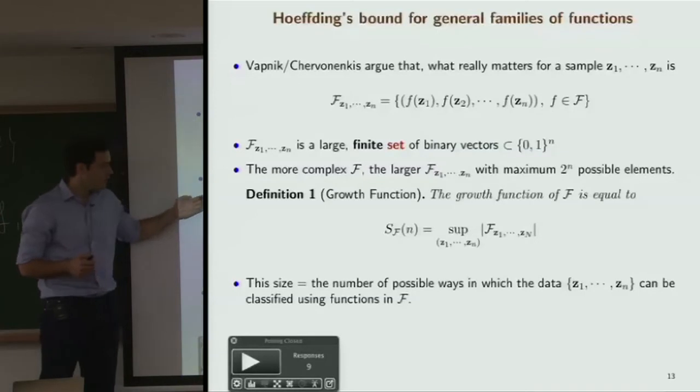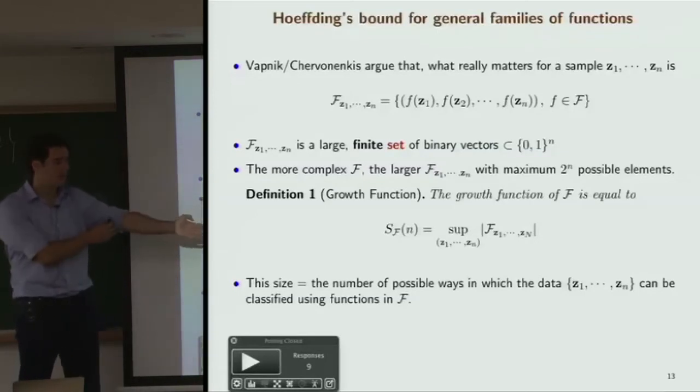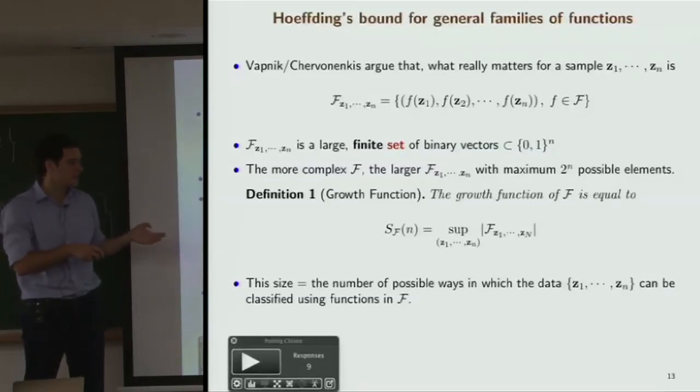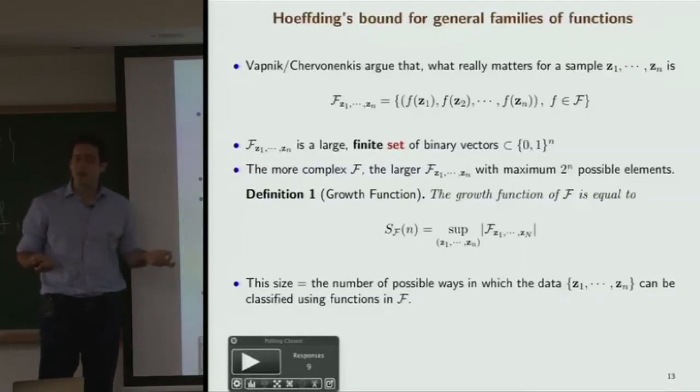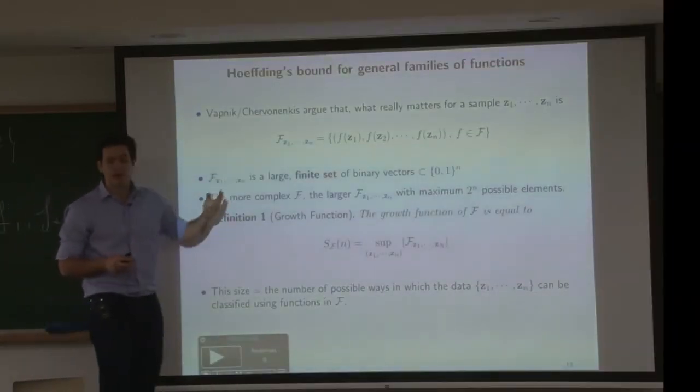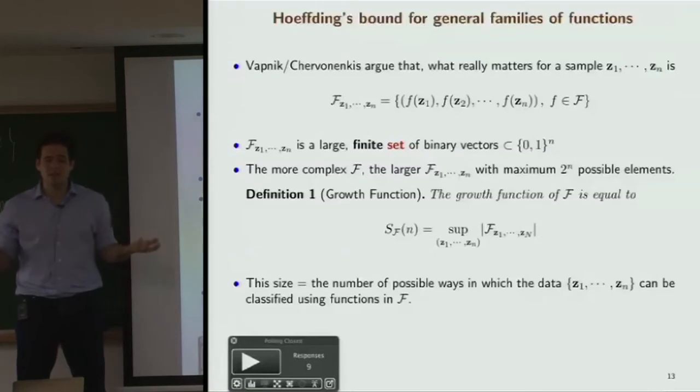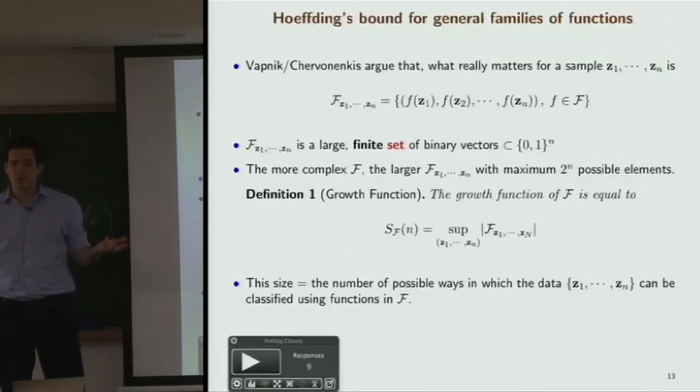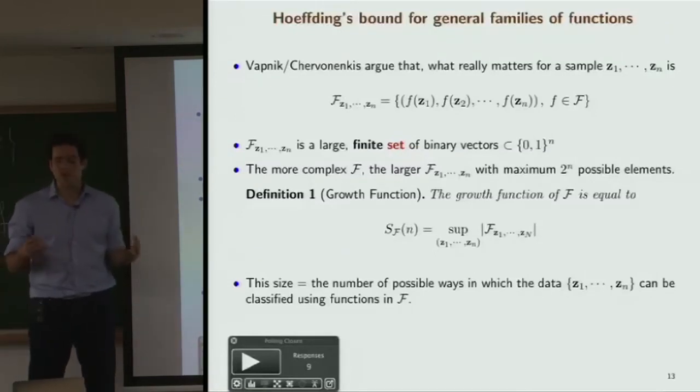So the more complex F, I think you will agree, the larger this set will be. And actually, if you can come up with a way to classify this in as many different ways as you want, how many different ways are there? 2 to the power n.